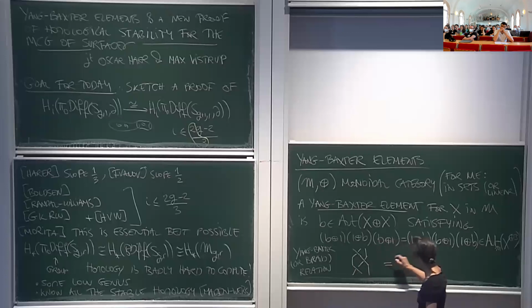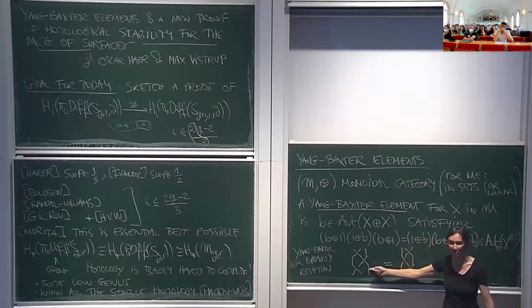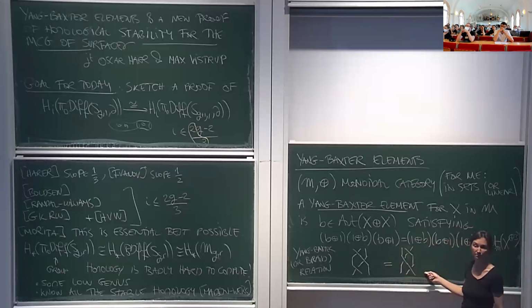This should be equal to identity and cross. It should do the same, otherwise it's not going to be true. These two braids, as braids, are the same.